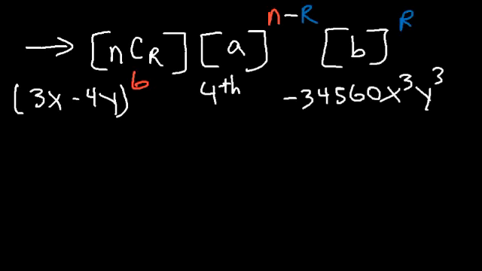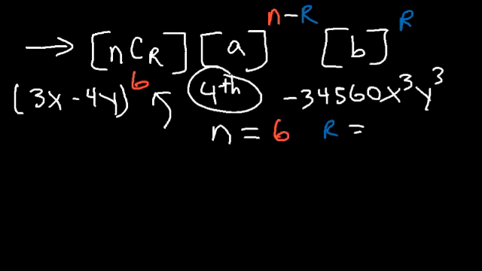So we need to find out what n is and what r is. n is basically the exponent that you see here, so n is equal to 6. Now what about r? Well, if you're looking for the fourth term, r is going to be 1 less than the fourth term, so r is 3. So with that, we can find the term and its coefficient.